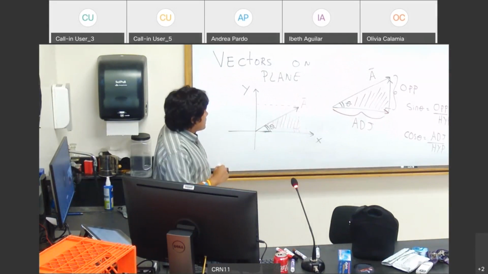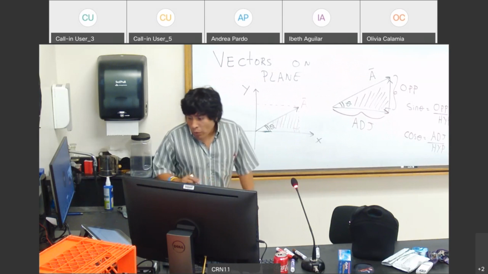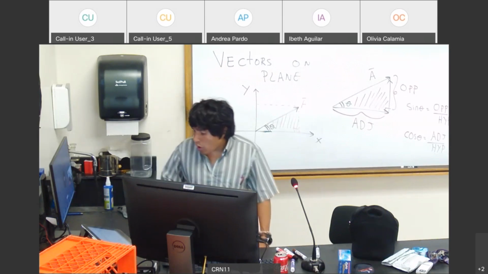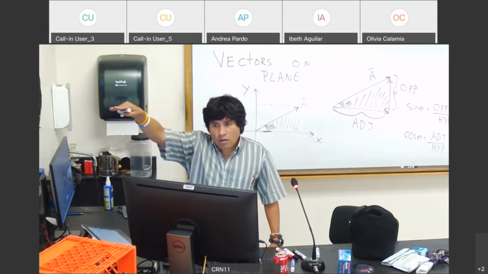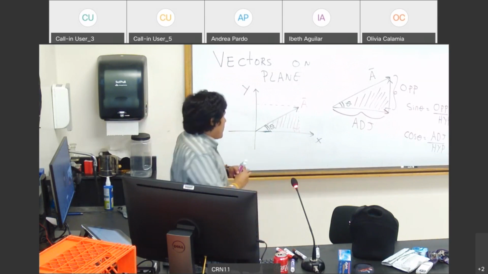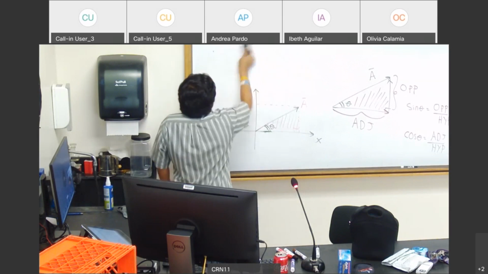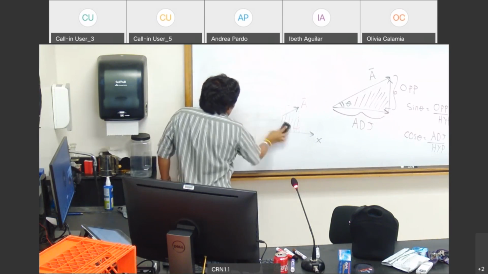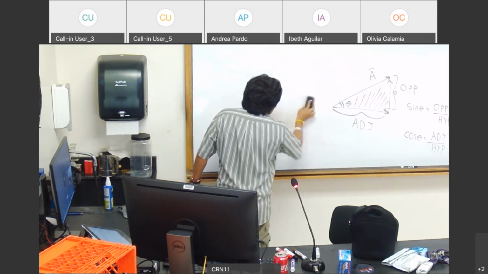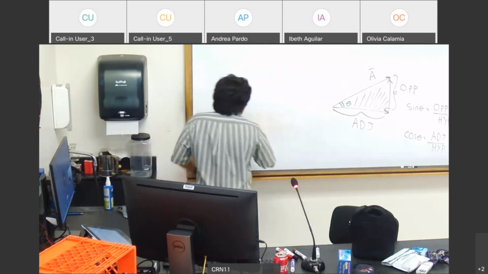Let's apply this in a word problem. It says that you walk 3 miles north, 4 miles to the west. All right. So to understand that problem, or that example, we need to draw the problem.